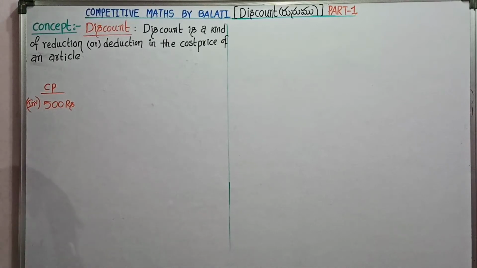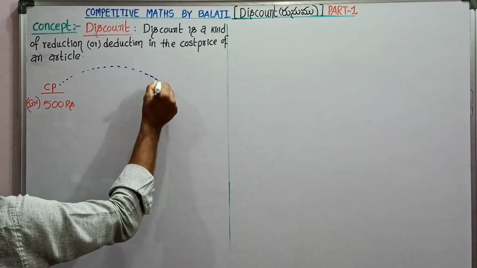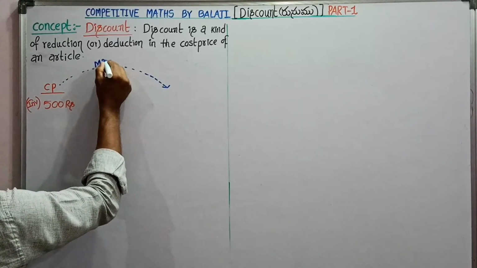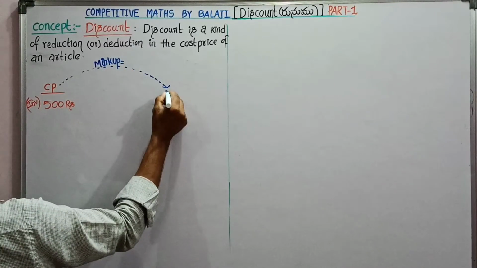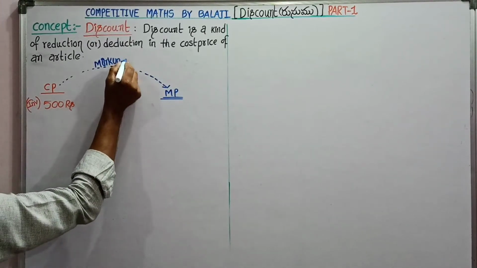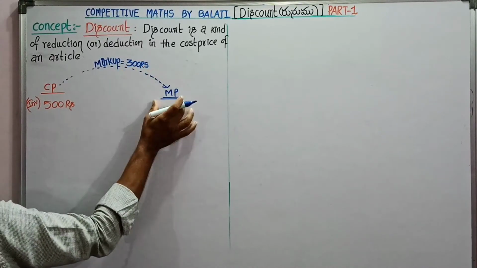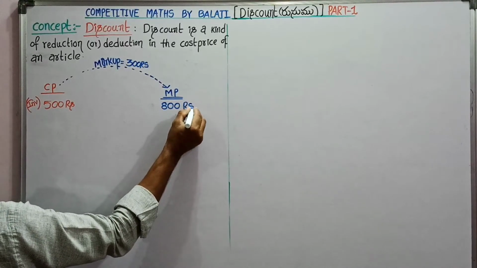To make a shirt, the company invests 500 rupees, and then the company marks some more amount on cost price, that is called markup, to decide the marked price. Suppose the company decides 300 rupees as markup. Now marked price is 800 rupees.